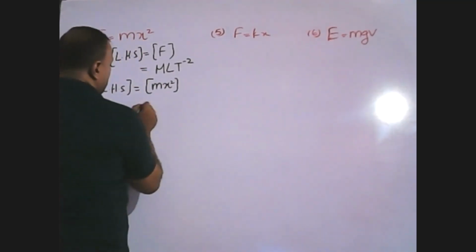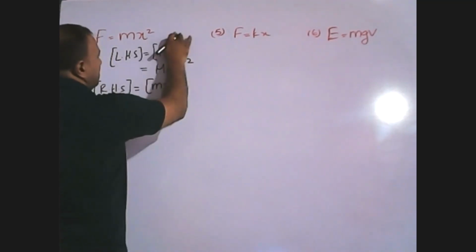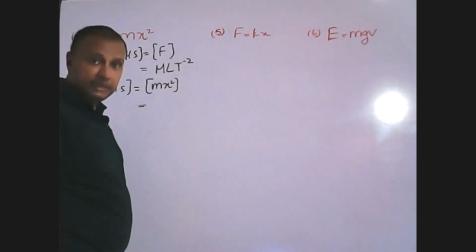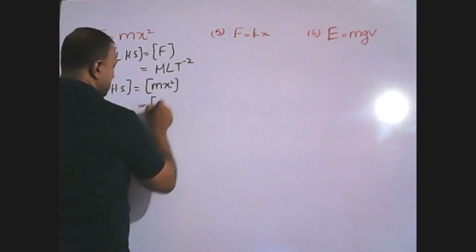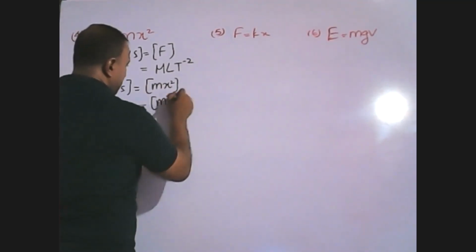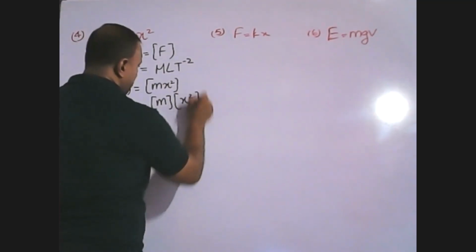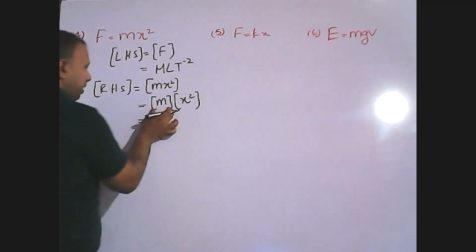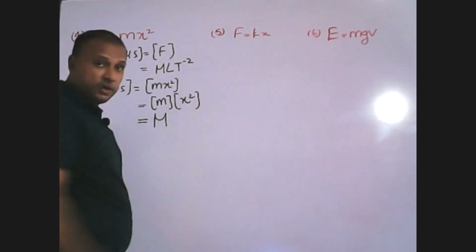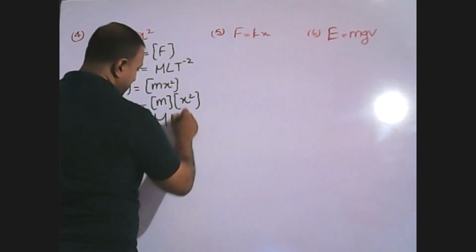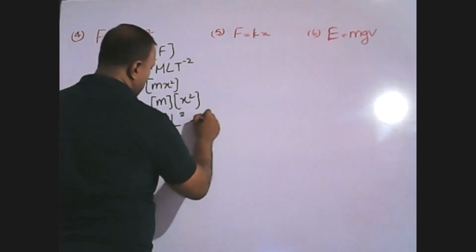In here, no addition and no subtraction, so it is a single term. Dimension of m into dimension of x squared. M is a mass, x is a displacement, so L square.